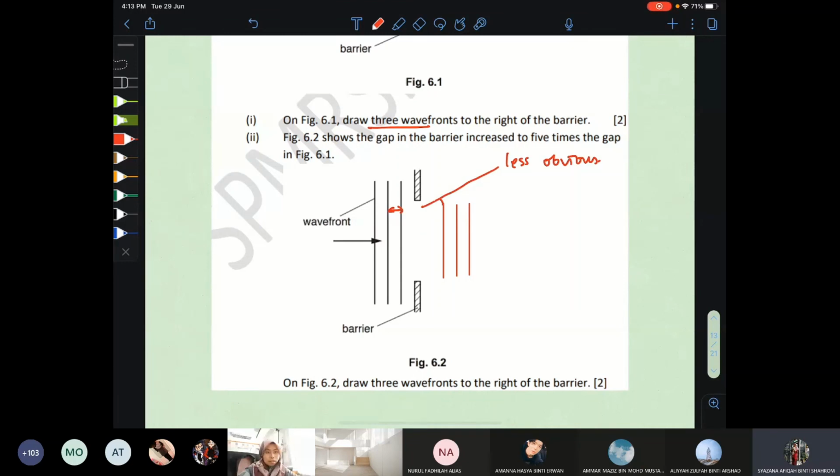Okay, buat line ni. So that will help you. Kat sini awak sambung panjang sikit. Lepas tu ni curve kan. So that's how you draw. So that's number 1, the wavelength. Number 2, and then 3, the curves tu.